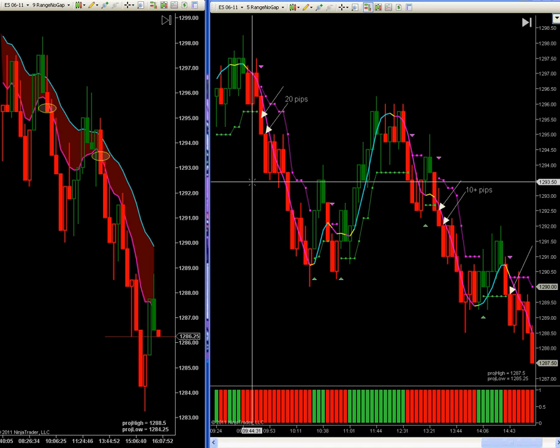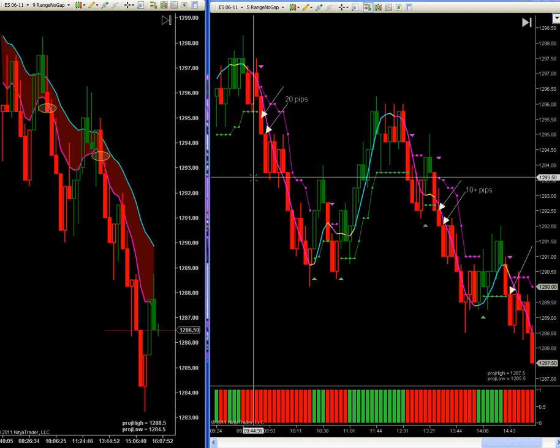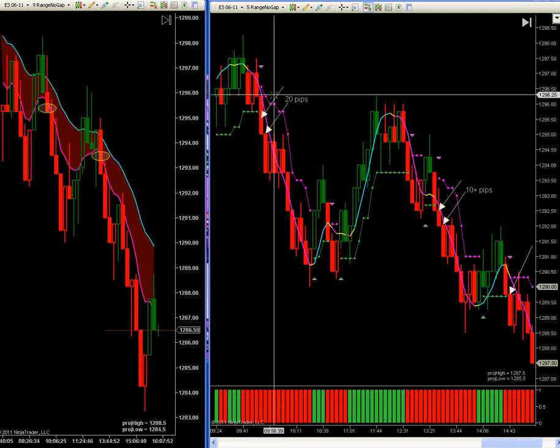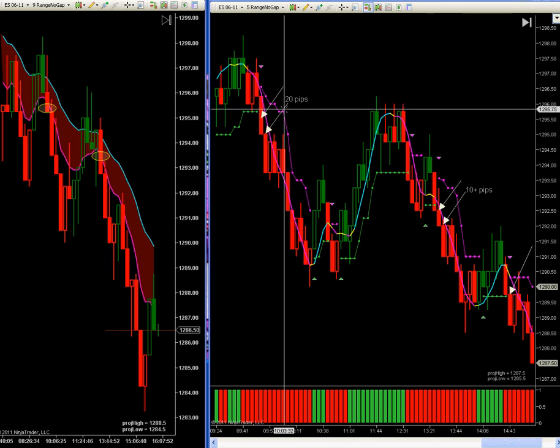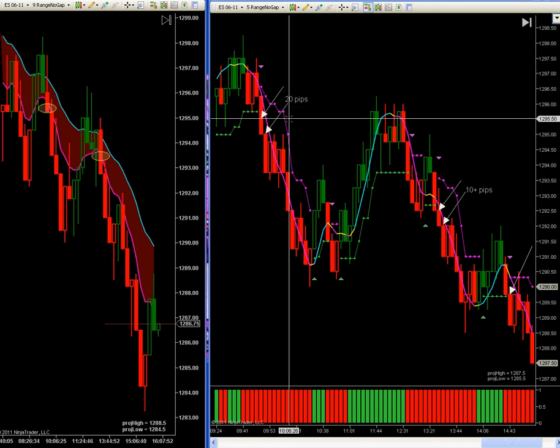For ES and other currency futures, we suggest the same stop loss and profit target. That is 6 pips for stop loss and 10 pips for the first profit target. As soon as the trade is moving, we will adjust our stop loss according to the small trading dot.